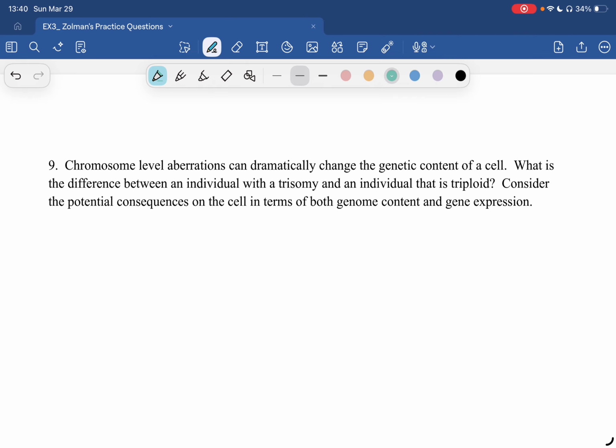Next question is kind of similar to what I've explained in the multiple choice, but chromosome level aberrations can dramatically change the genetic content of a cell. What is the difference between an individual with trisomy, like trisomy 21, and an individual that is triploid? Consider the potential consequences on the cell in terms of both genome content and gene expression.